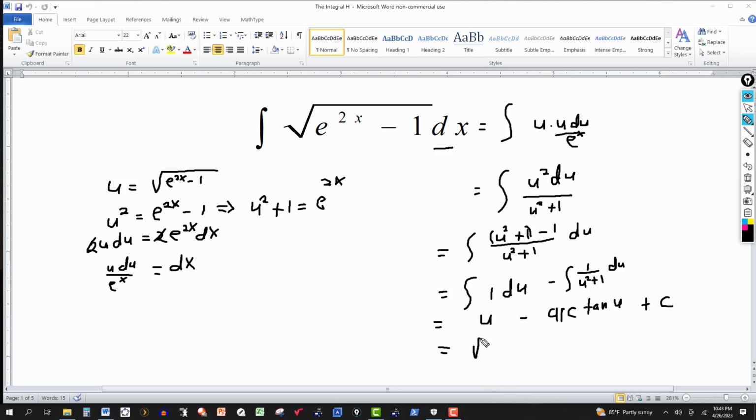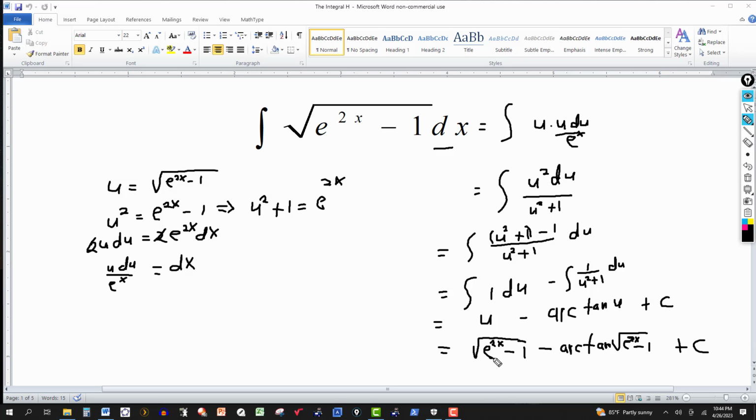So we just go back and replace this u by the square root of e to the 2x minus 1, and then minus arctan of u, and u is the square root of e to the 2x minus 1, and then it's plus your constant of integration.